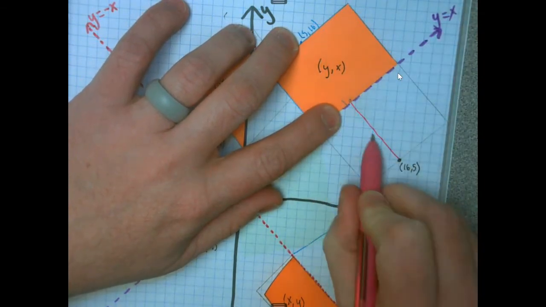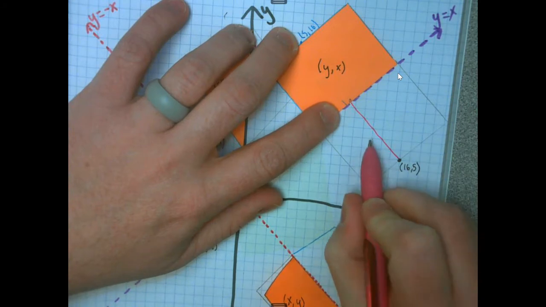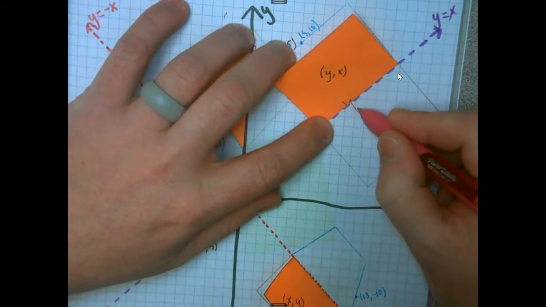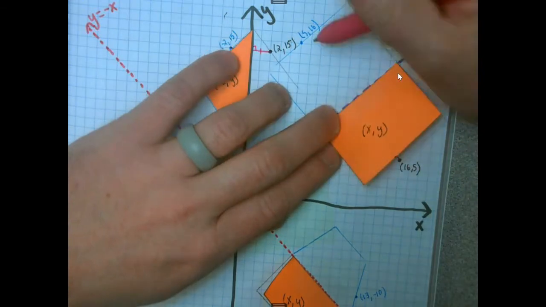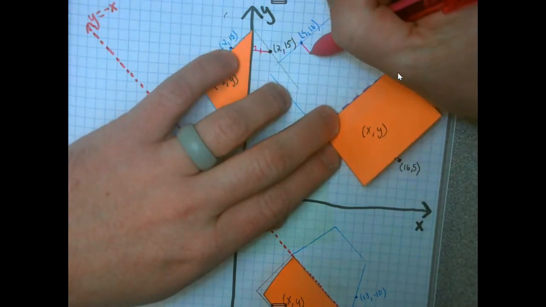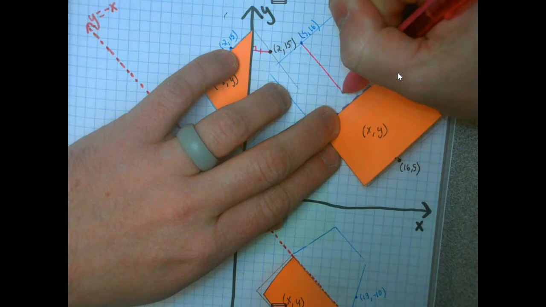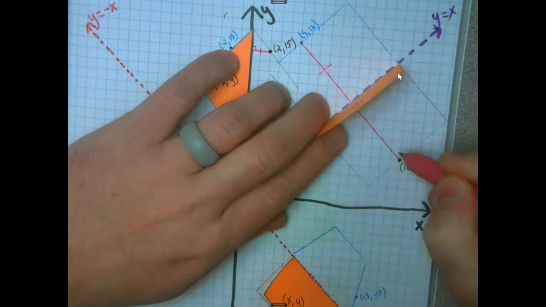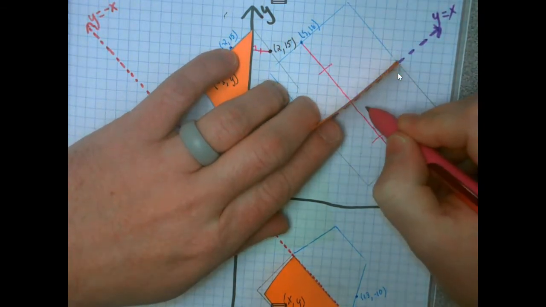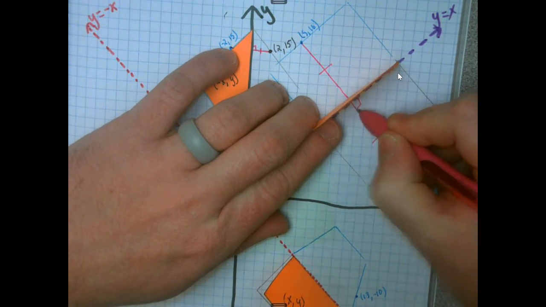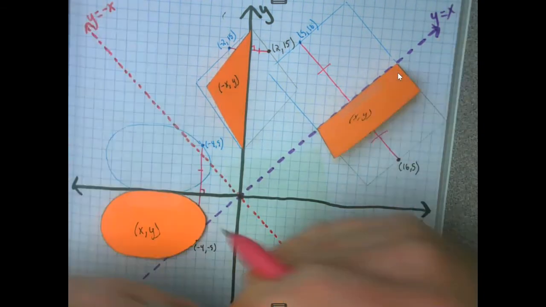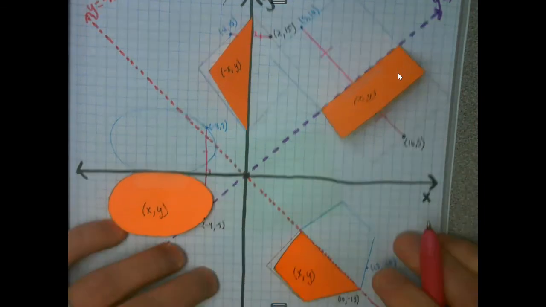See how I'm going through the corners of the squares there? And this was 1, 2, 3, 4, 5.5. So this one should be 1, 2, 3, 4, 5.5. Okay, those are the same. It's also perpendicular. Okay, so you're counting the diagonals. If you reflect over a diagonal, you count the diagonals.